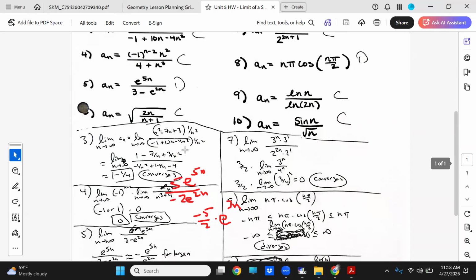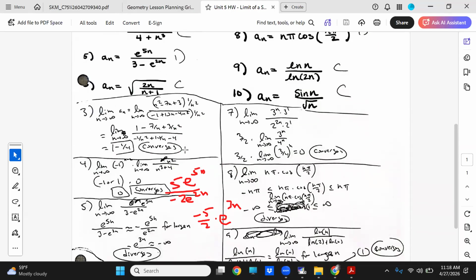For 8, you have a problem because if I try the squeeze theorem, I'll compare it to n pi and negative n pi. I know the maximum cosine value is 1, and the lowest could be -1.